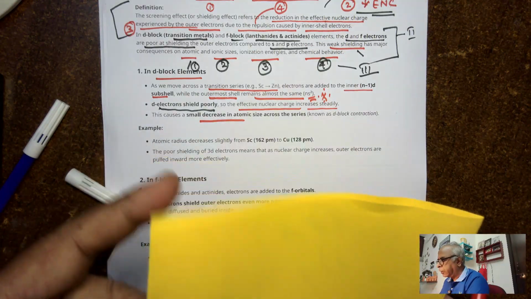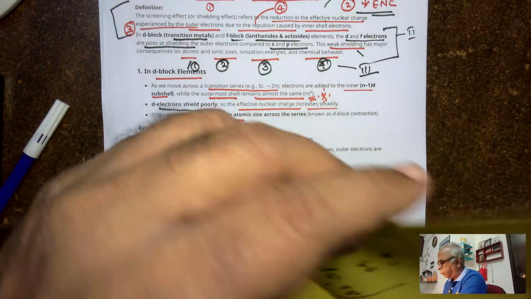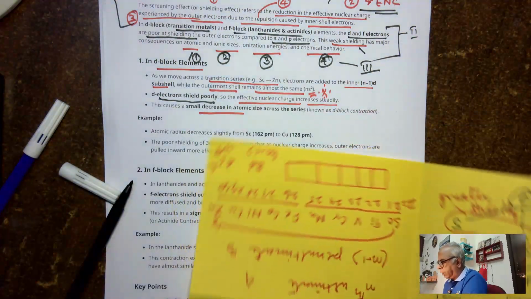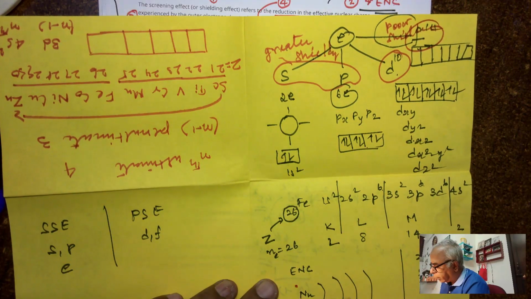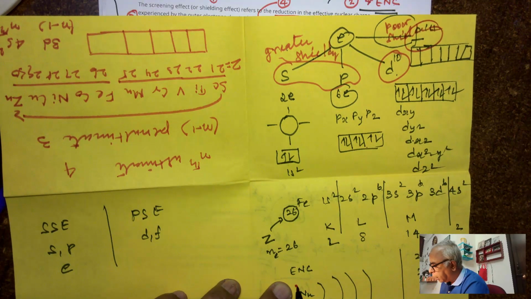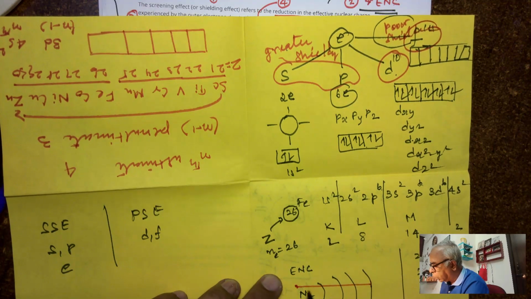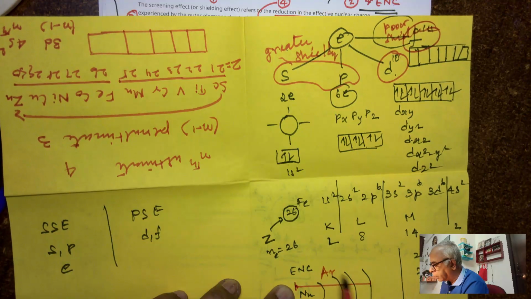Normally, with the increase of electrons, we expect an increase of atomic radius. What is atomic radius? You have the center nucleus, and the distance between the outermost electron and the nucleus is the atomic radius.